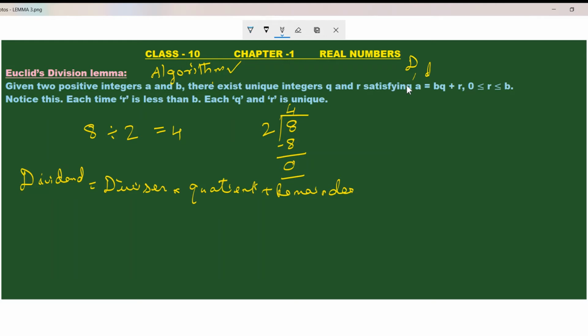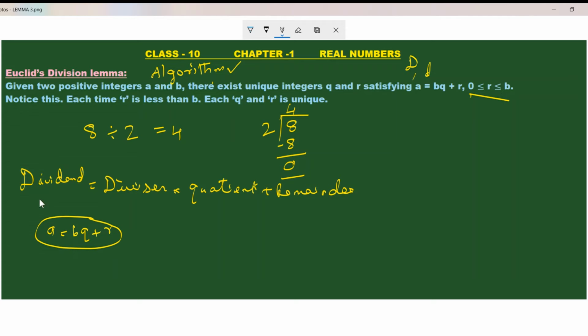For example, you can see here always the remainder will be equal to 0 or greater than 0 and lesser than the divisor, isn't it? So Euclid has written a is equivalent to b into q plus r, where r is as stated. So we are going to use this lemma.